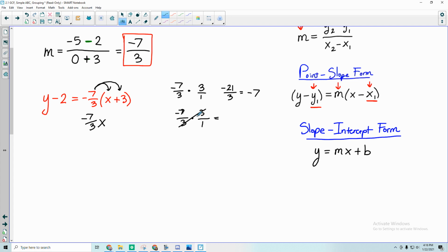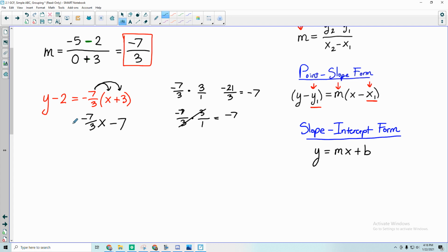Then I multiply straight across, so -7 over 1, and that's just -7. So it's a little bit quicker doing it this way versus always multiplying straight across. So that's another trick you can use. So there we go. I distributed that and multiplied it, and then this turned into -7.